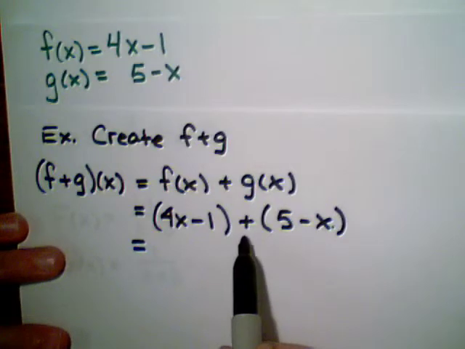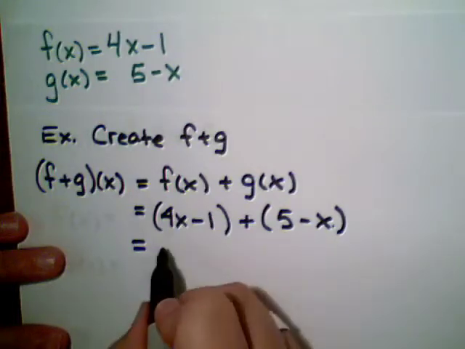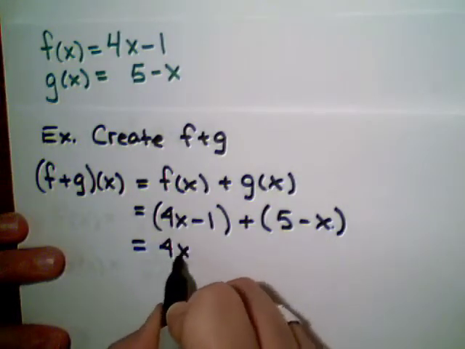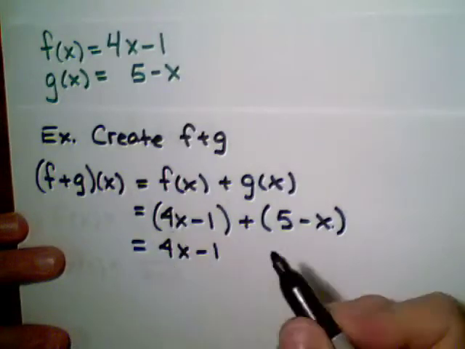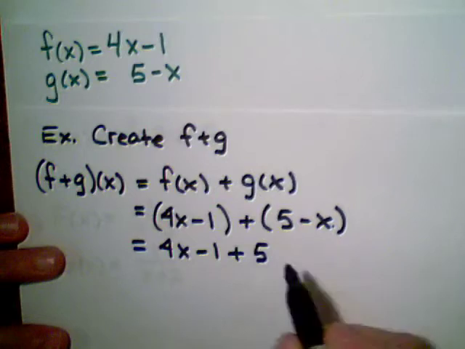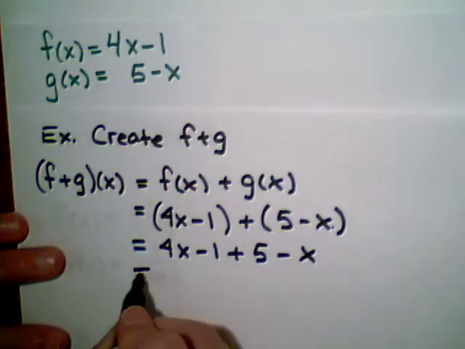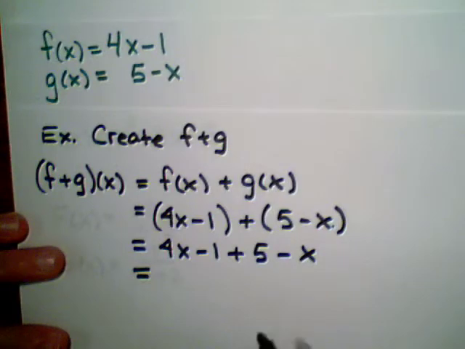Since we have the sum of these two differences, we can remove the parentheses and it doesn't change the sign of any of the terms. So we still have the first two terms, 4x minus 1, and we're adding to that the constant 5, and we're adding to that opposite x. And now we can combine like terms.